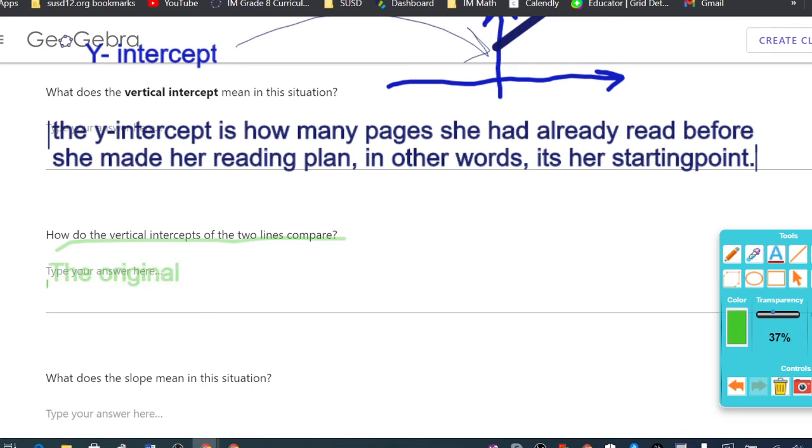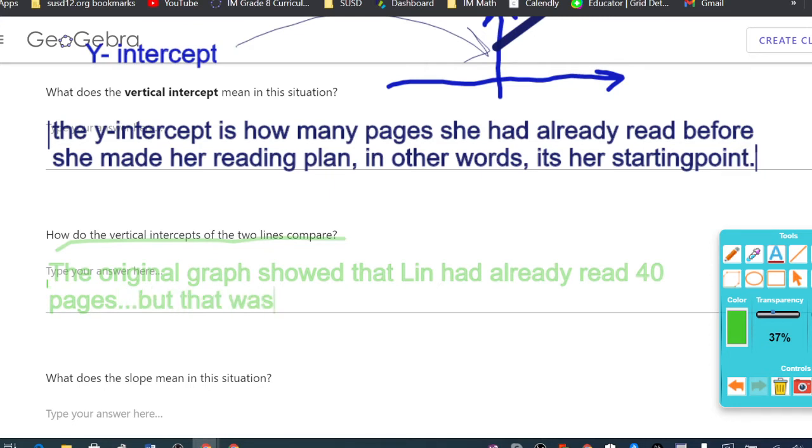The original graph showed that Lynn had already read 40 pages. But that was not true. It was 30 pages.